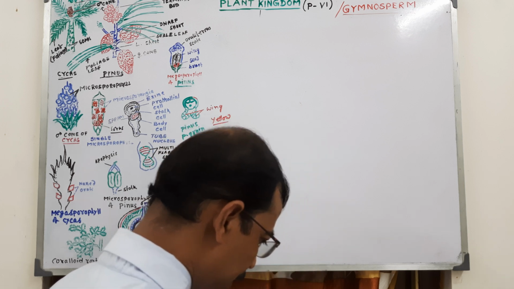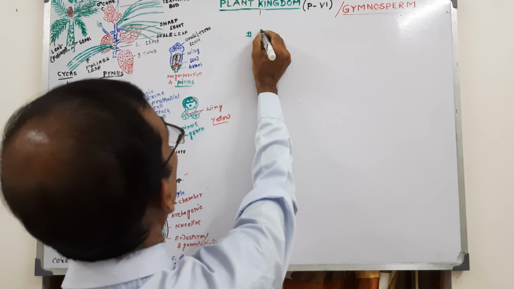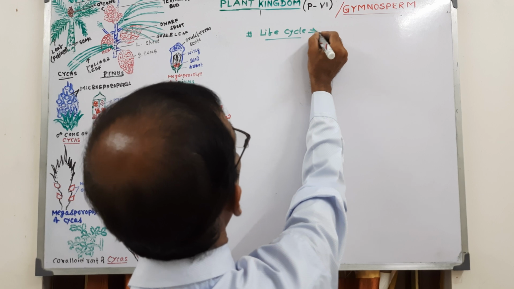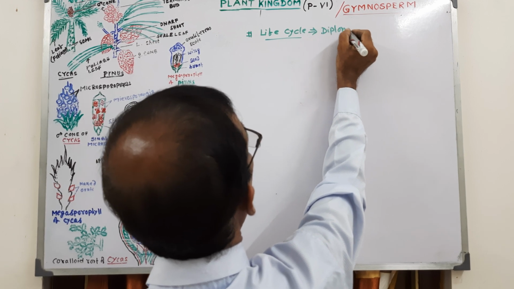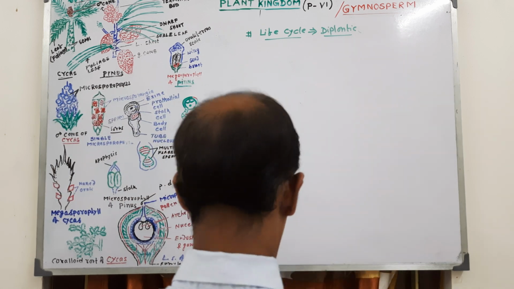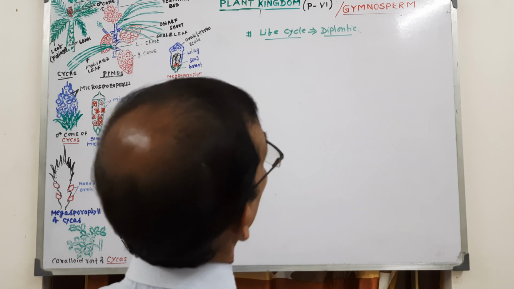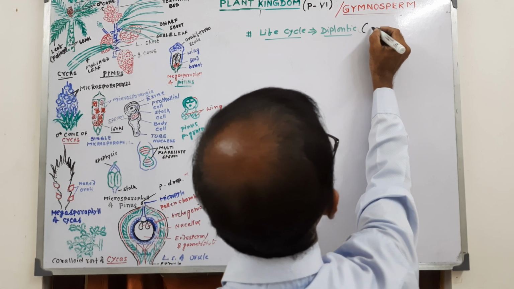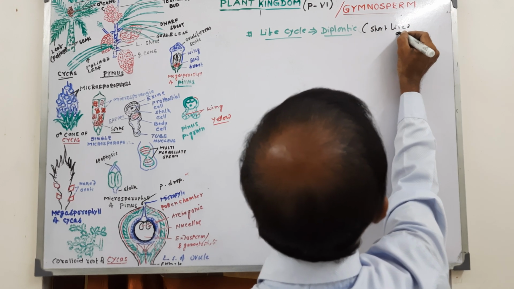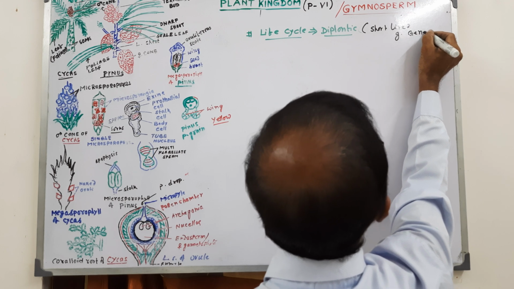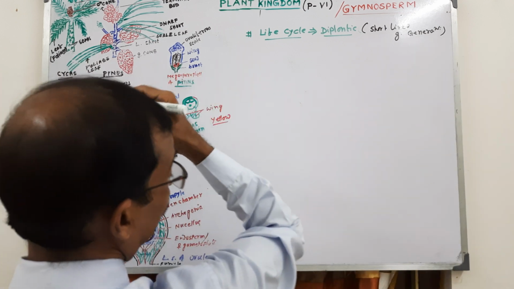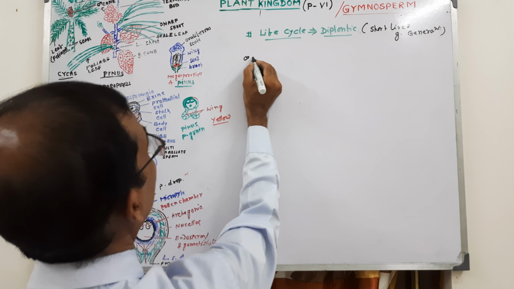Life cycle is diplontic, that is due to short-lived gametophytic stage, gametophytic generation. Here represented in diagram, that is male sporophyte.